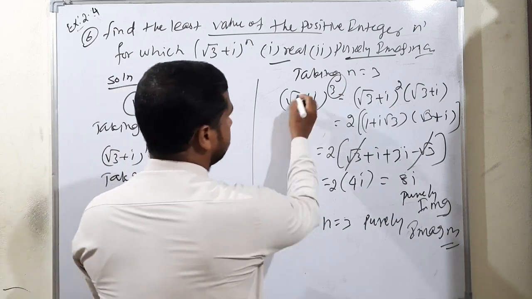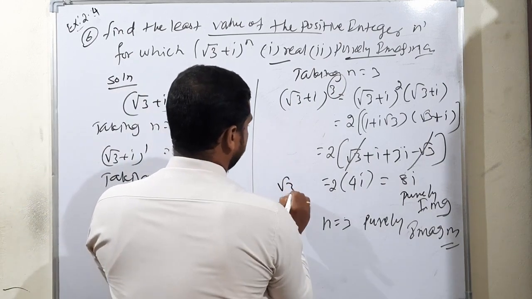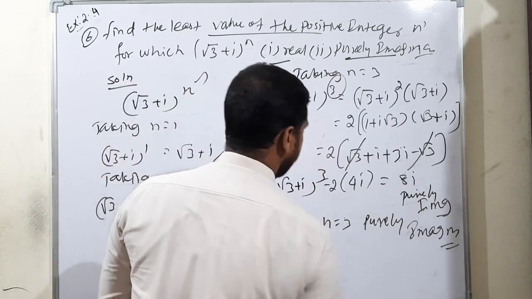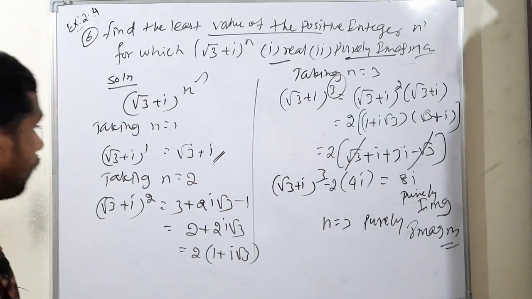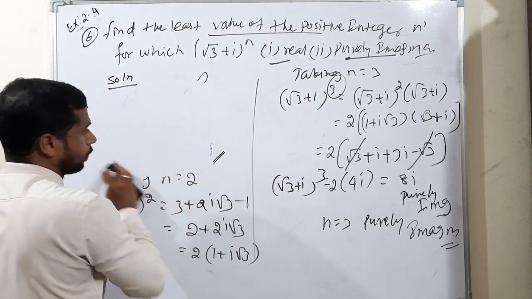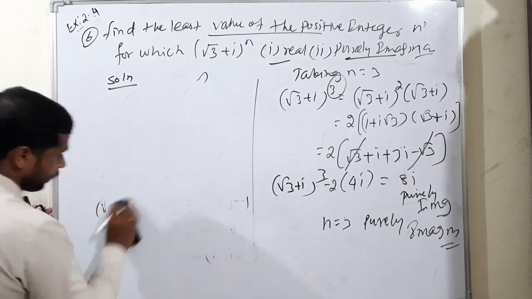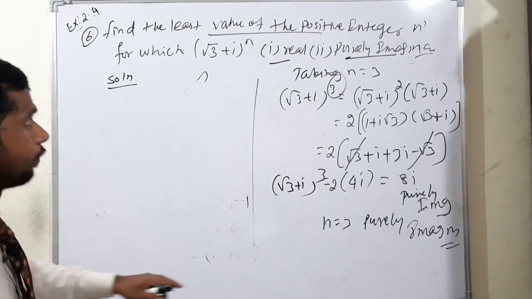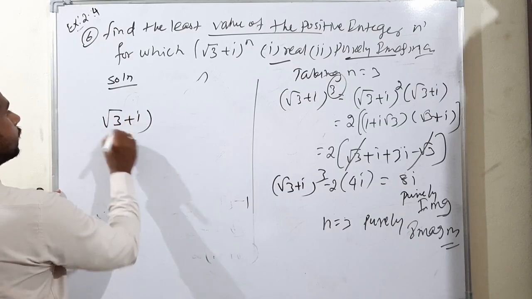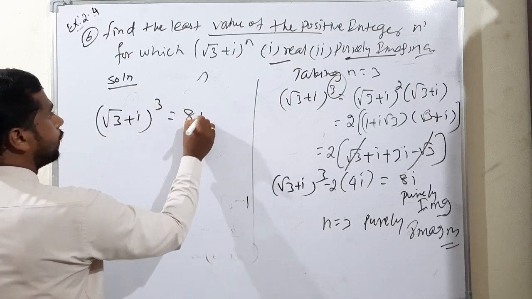I will take it, but we need real also. I will consider this: (√3 + i)^3 gives 8i. I need to write this step, then only we can find purely real. So (√3 + i)^3 is equal to 8i.